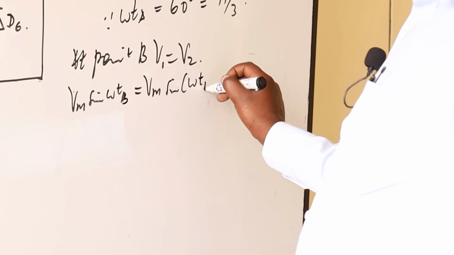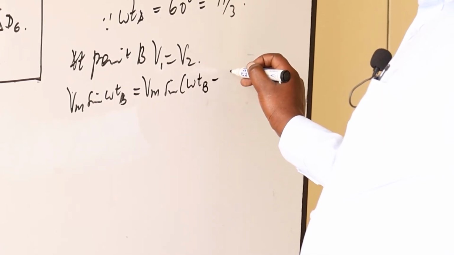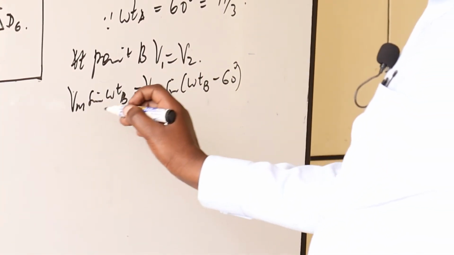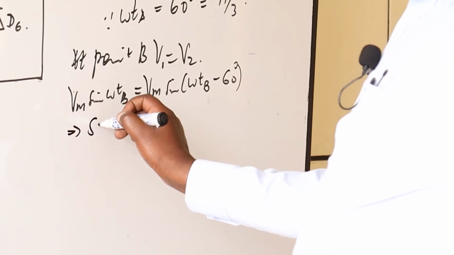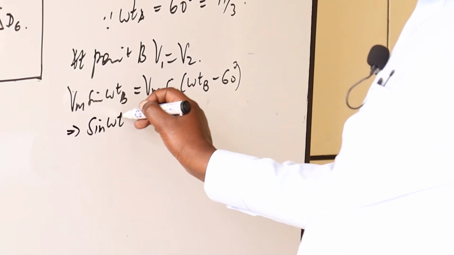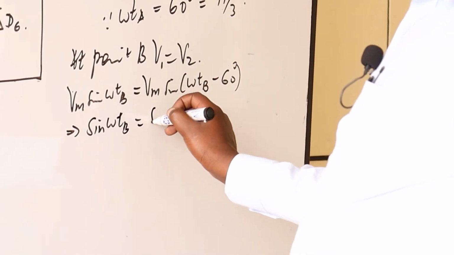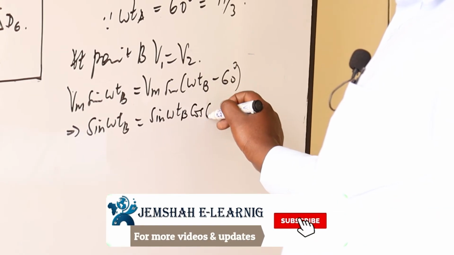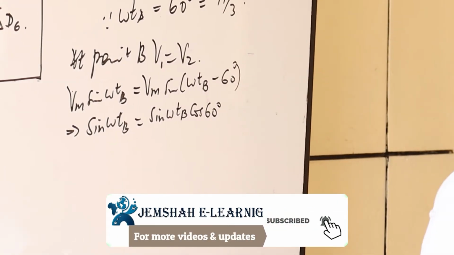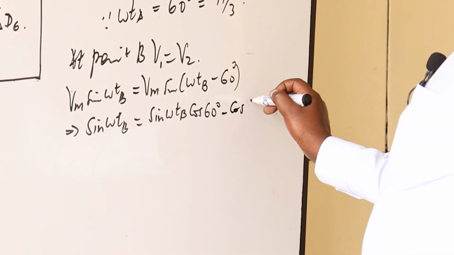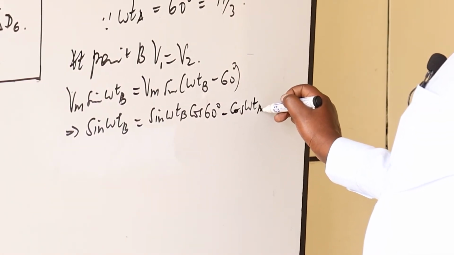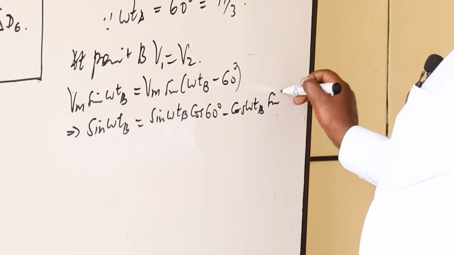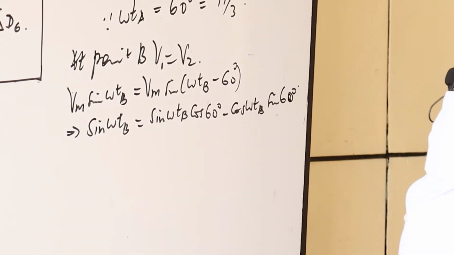Omega t at B minus 60 degrees. So we are left with sine omega t at B equals sine omega t at B cos 60 degrees minus cos omega t at B sine 60 degrees.